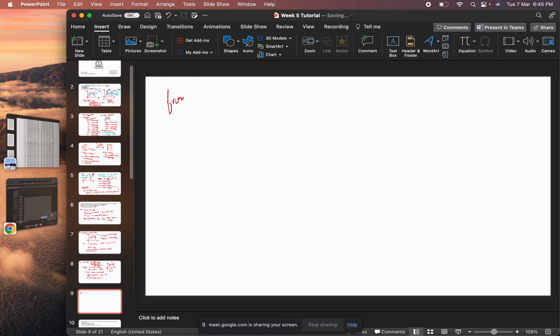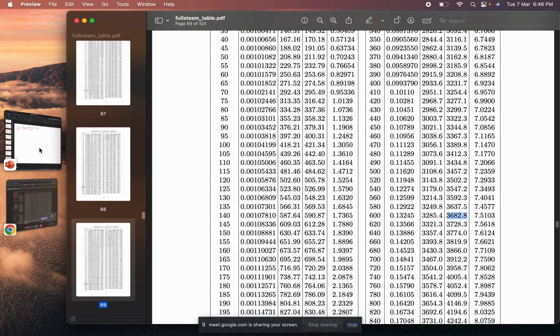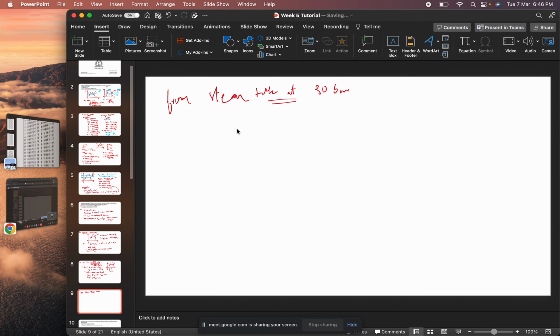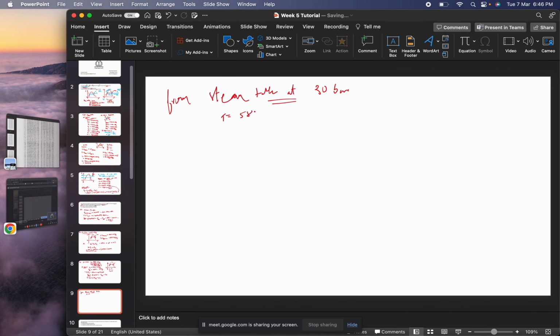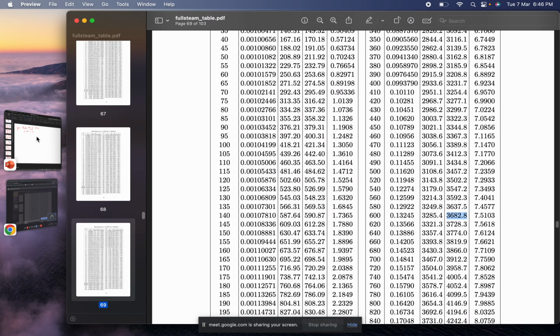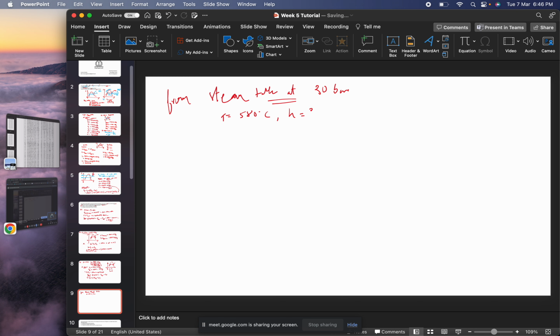From the steam table, at 30 bar, T equals 580 degrees Celsius, then H equals 3637.5 kilojoule per kg.